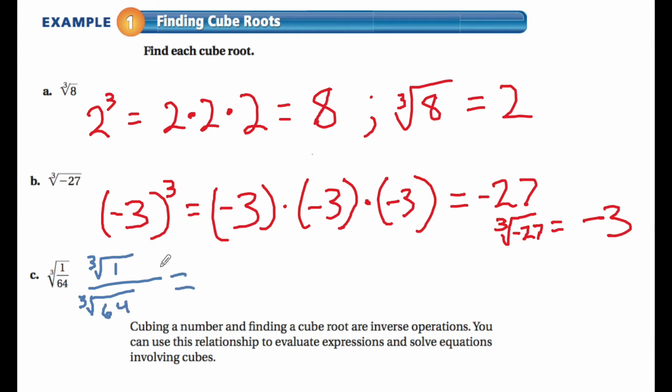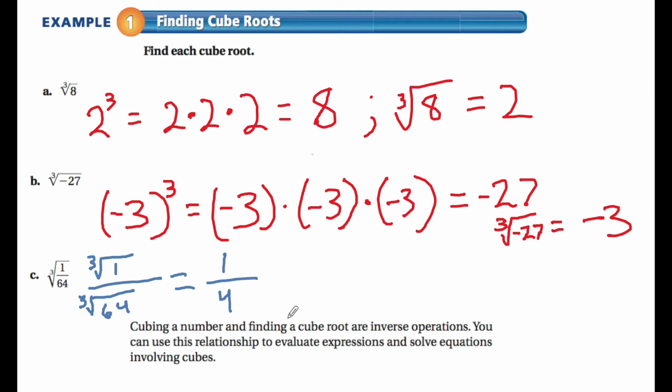Well, the cube root of 1 is 1 because 1 times 1 times 1 equals 1. And the cube root of 64, we know that 4 times 4 is 16, times 4 is 64. So the cube root of 64 is 4. Therefore, our final answer is going to be 1 over 4.